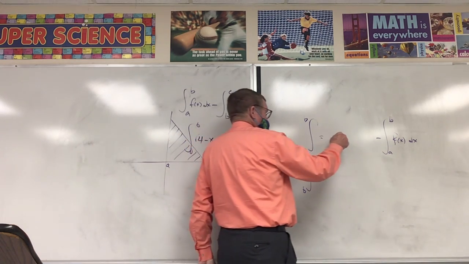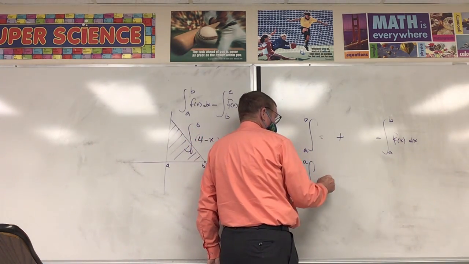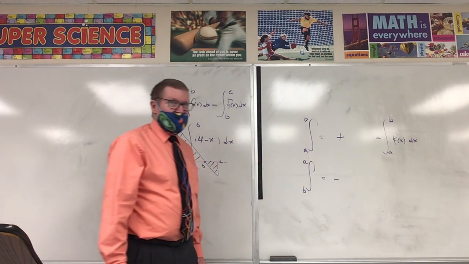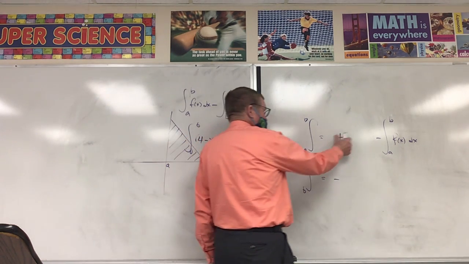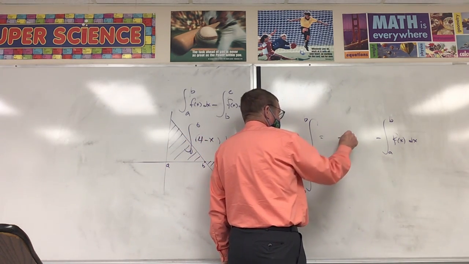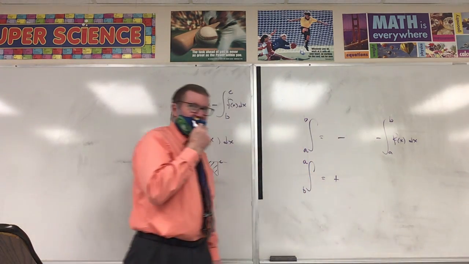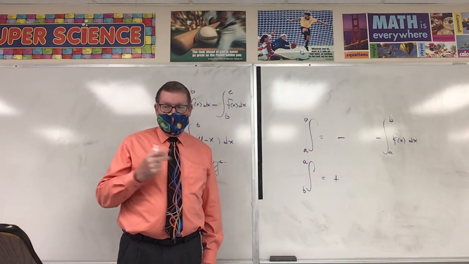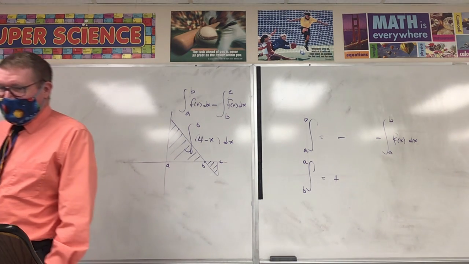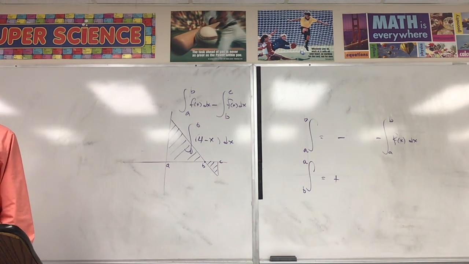So if this equaled a positive, this would equal a negative, or if this equaled a negative, this would equal a positive. So that's how they get the theorem there, order of integration. The integral from b to a, f of x dx, equals the opposite of the integral from a to b, f of x dx.